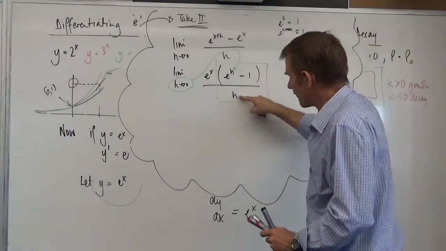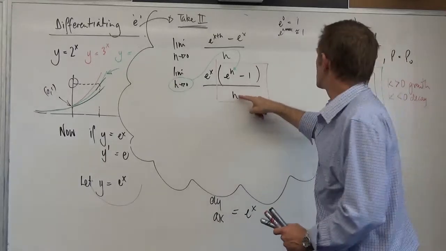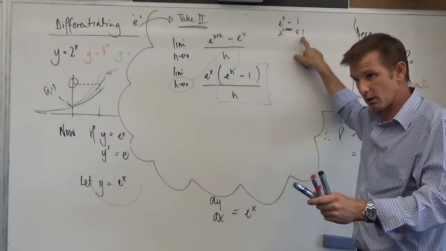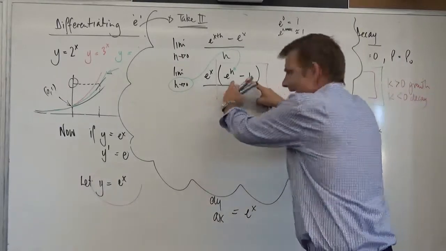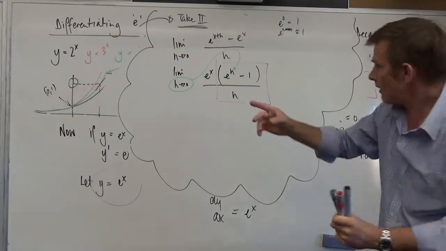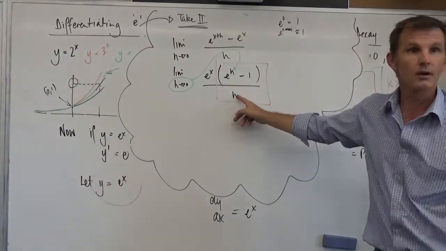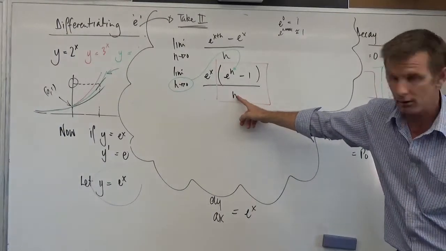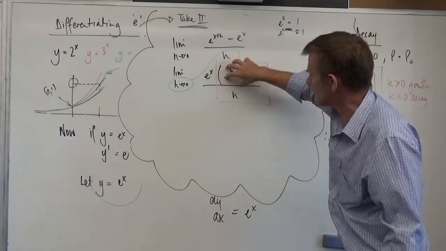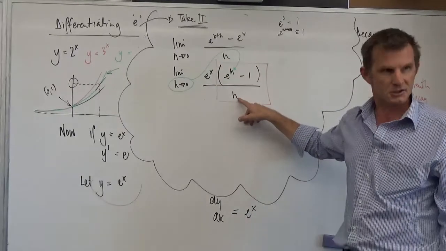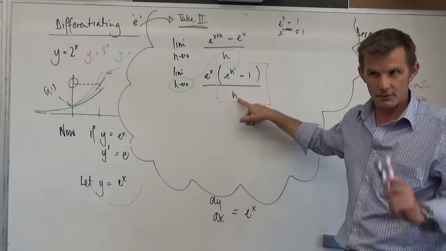We actually bring in this as well. Because if this is getting very, very close to 0, it's not actually 0, but getting closer and closer to 0, then if I divide it by something that is also getting very, very close to 0, I'm dividing a very, very small number by another very, very small number. Let me do that again.